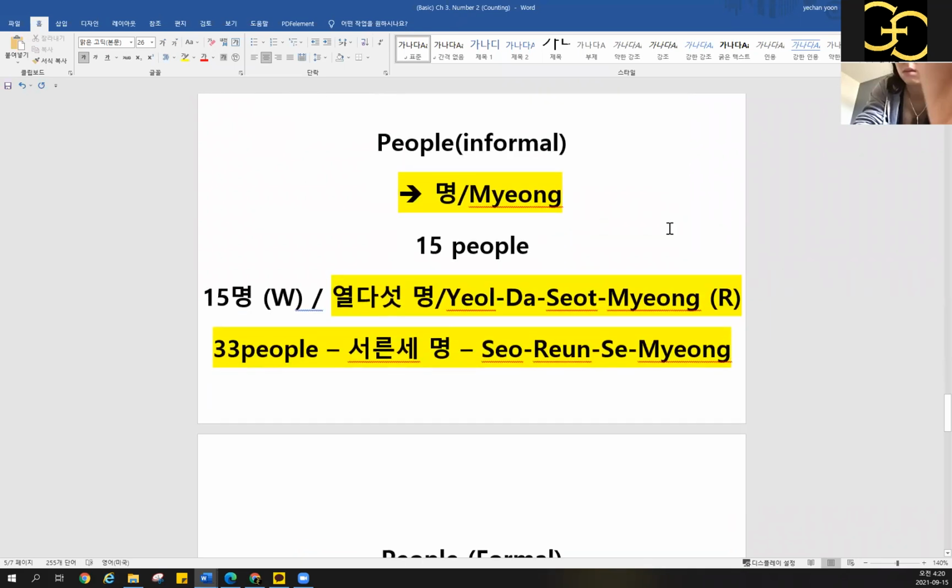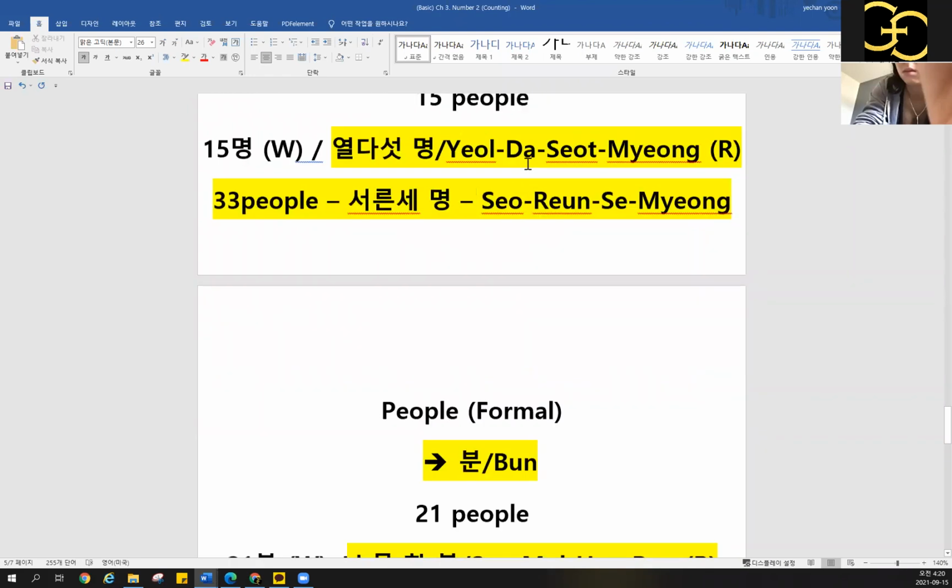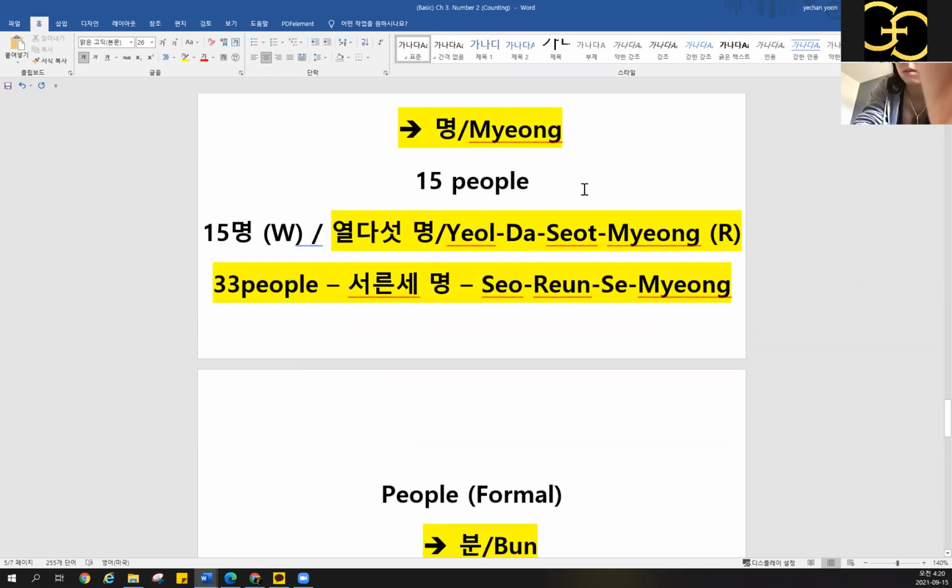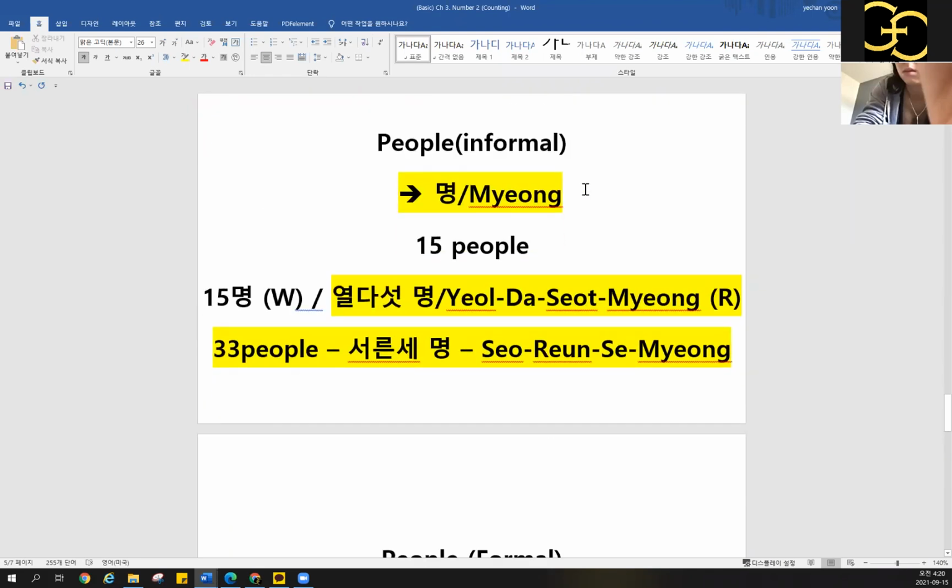So we have two different ways of counting people: an informal counting version and a formal counting version. Okay, so I'm gonna tell you about the situations. Let's say you've been to a South Korean restaurant, and there must be some staff, right?